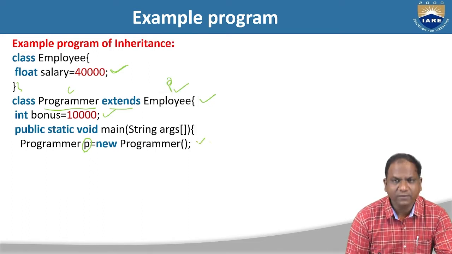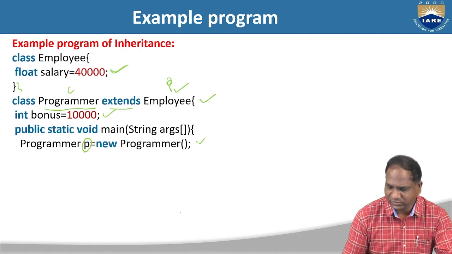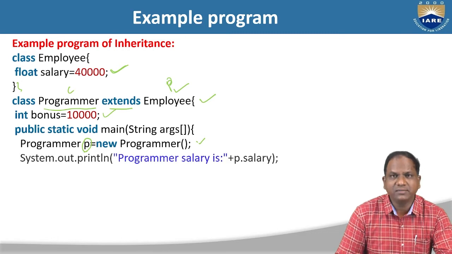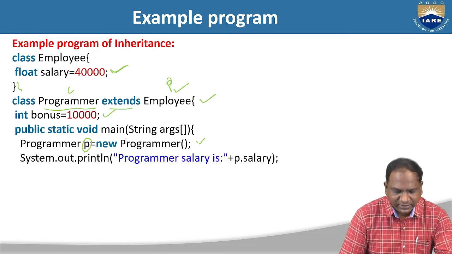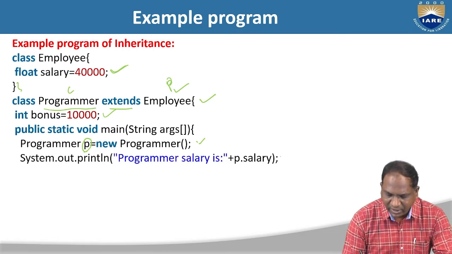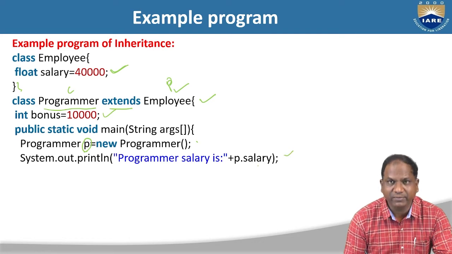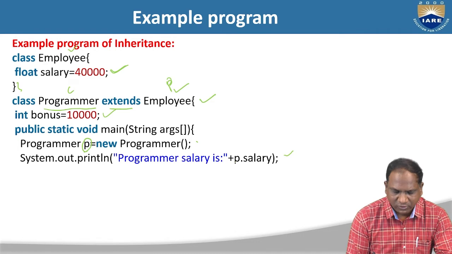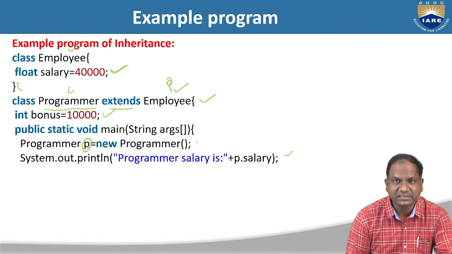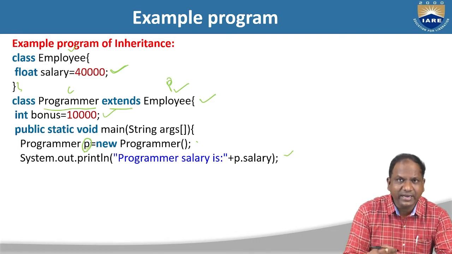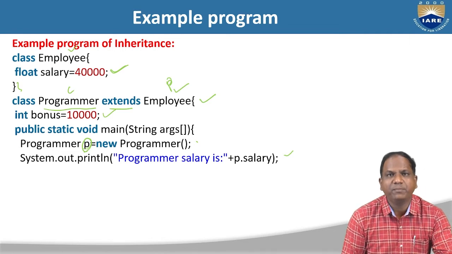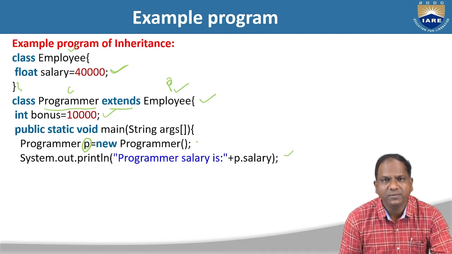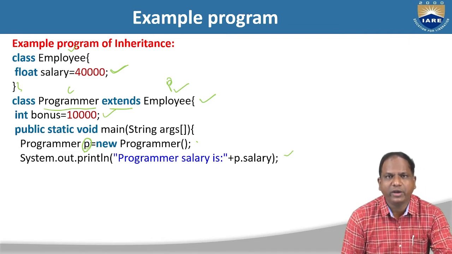Now see, because those are instance variables. So System.out.println, what is the programmer salary? So p dot salary. The salary variable belongs to the parent class, but even though you are accessing it with the child class object, you have inherited the properties of the Employee class.